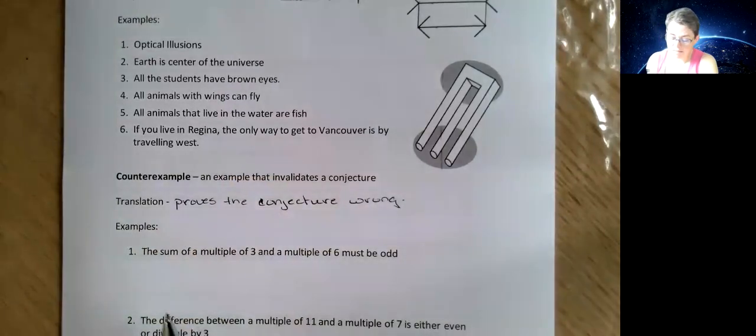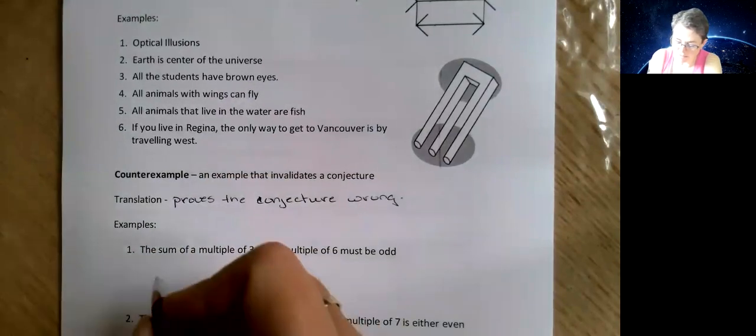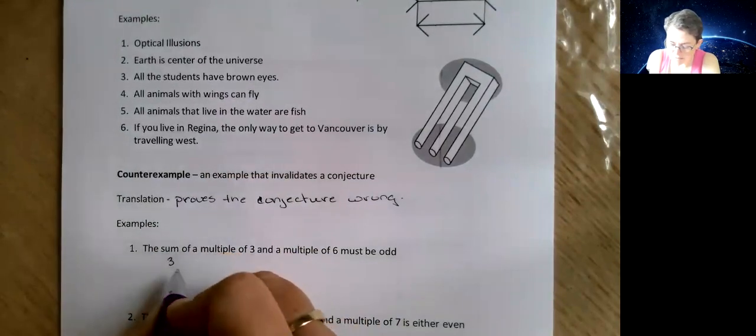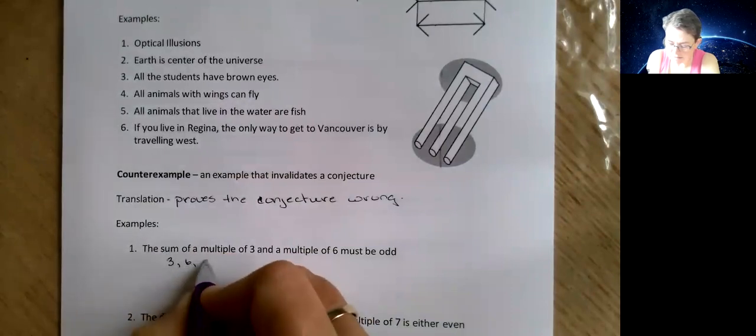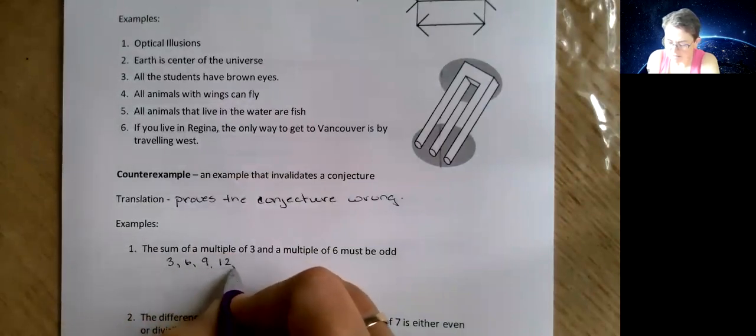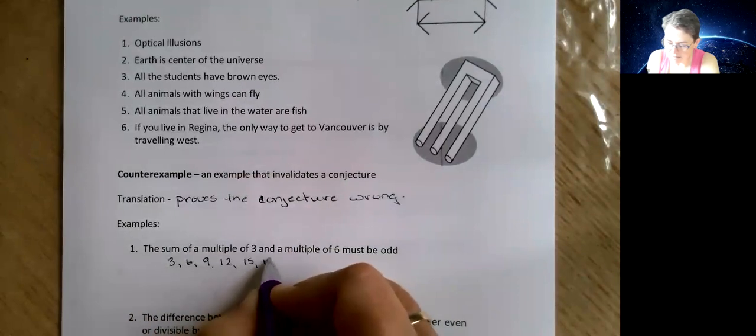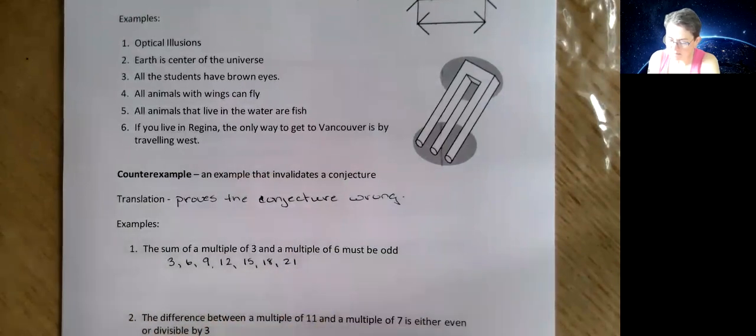All right, an example: the sum of a multiple of 3 and a multiple of 6 must be odd. So if we do multiples of 3: 3, 6, 9, 12, 15, 18. It's probably enough.